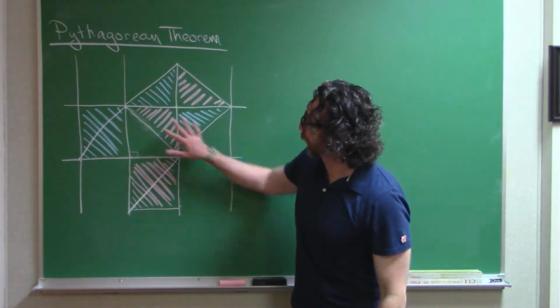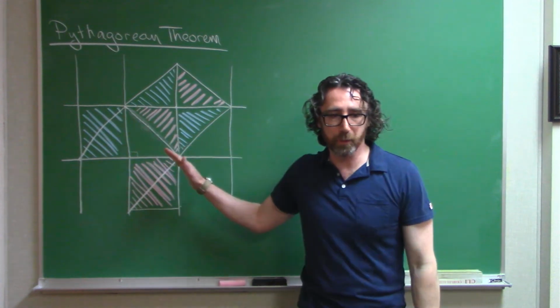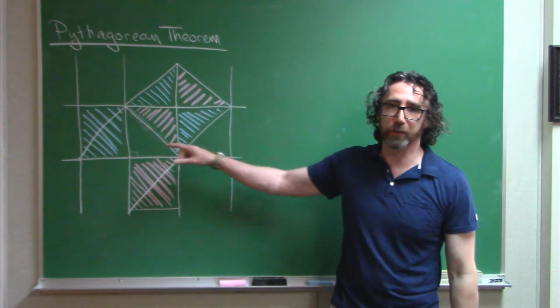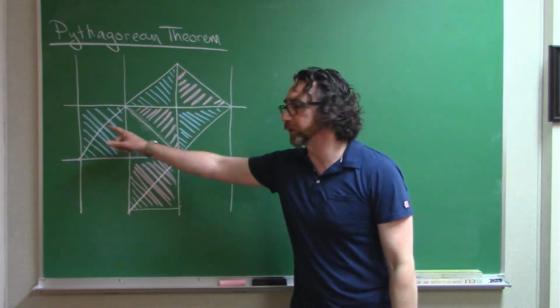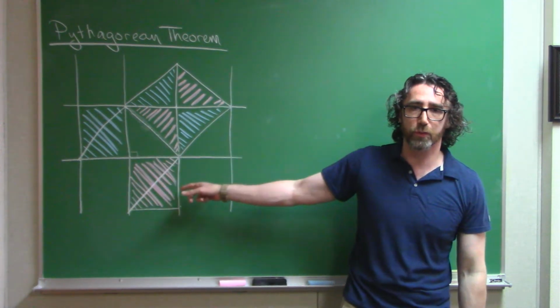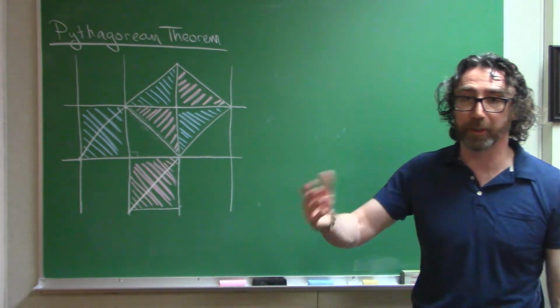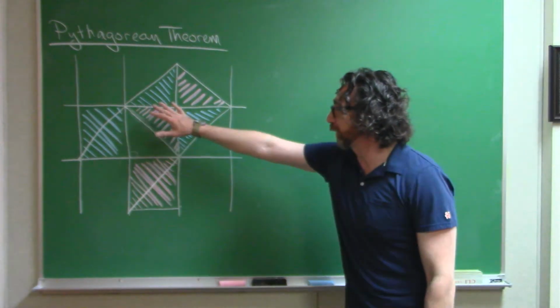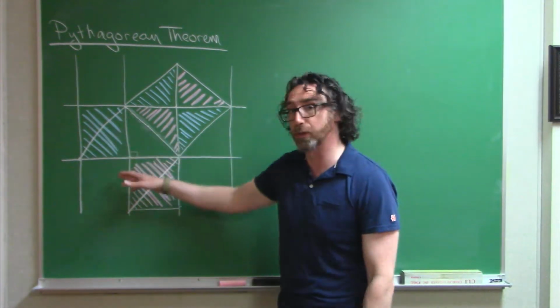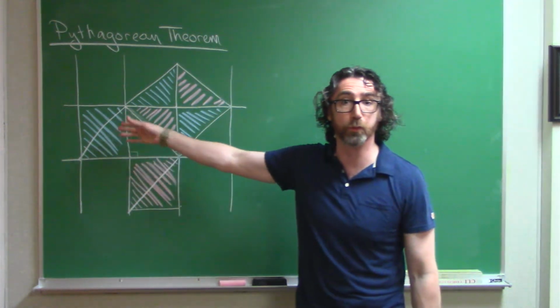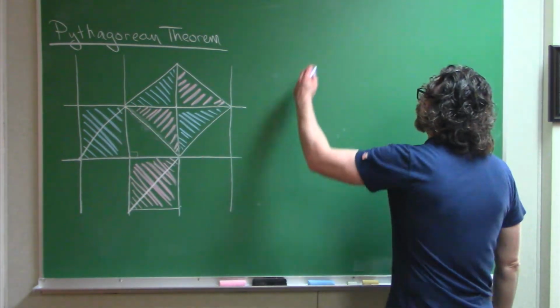So this big square on the longest side is equal to the sum of the area of the two squares on the legs. The Pythagorean theorem is a generalization of that to all right triangles, not necessarily ones where the two legs are equal.